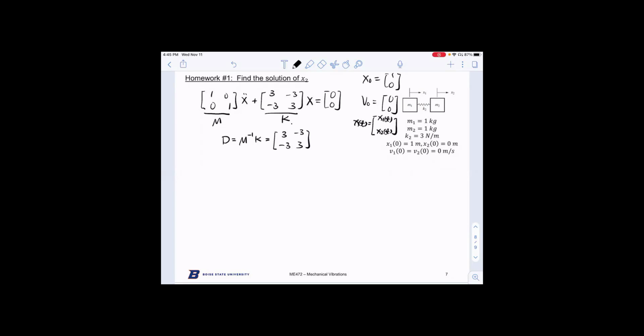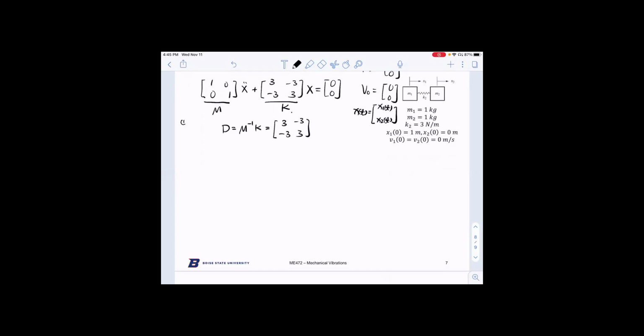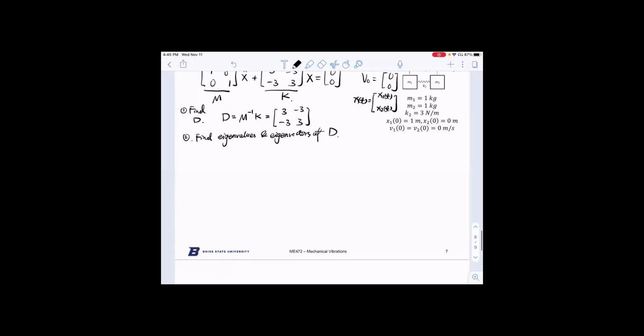All right? Let's write out: find D. The second step is find eigenvalues and eigenvectors of D. So again, you can use eig(D) to find it, or if you solve this by hand, it's actually super easy in this case.